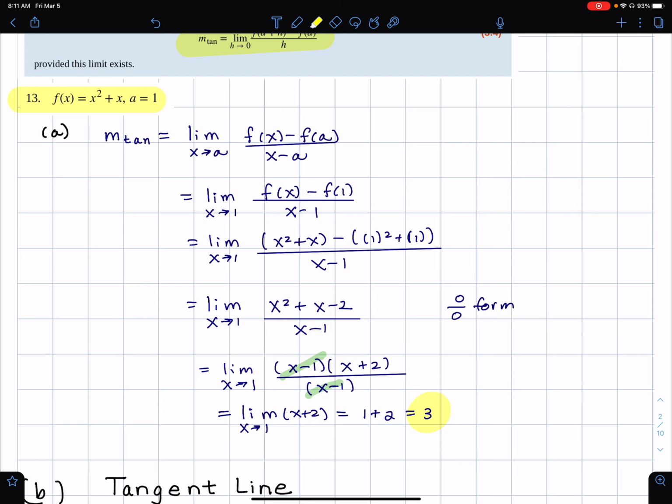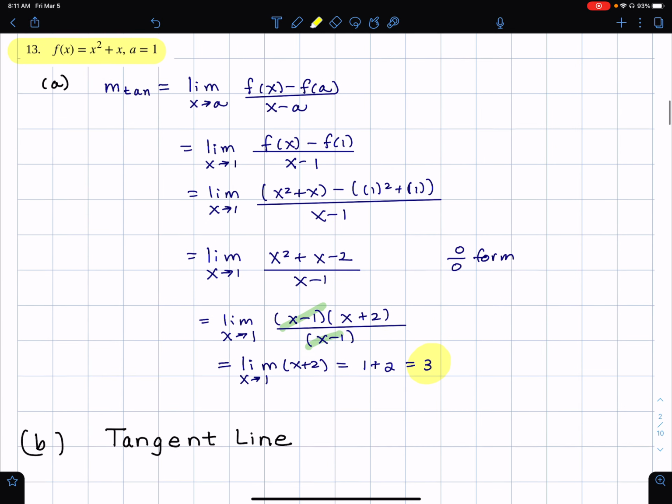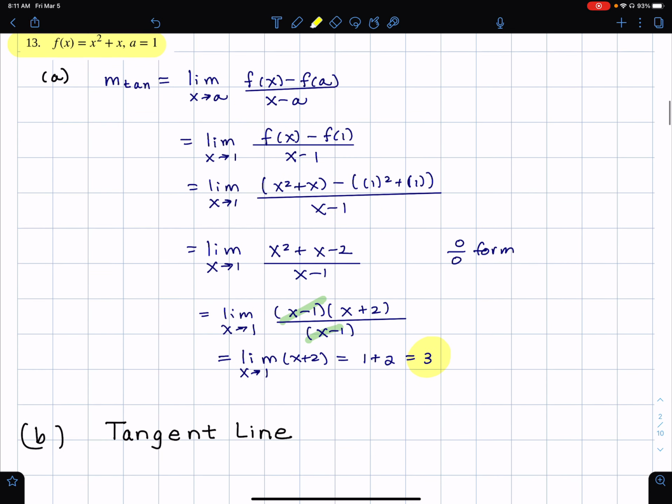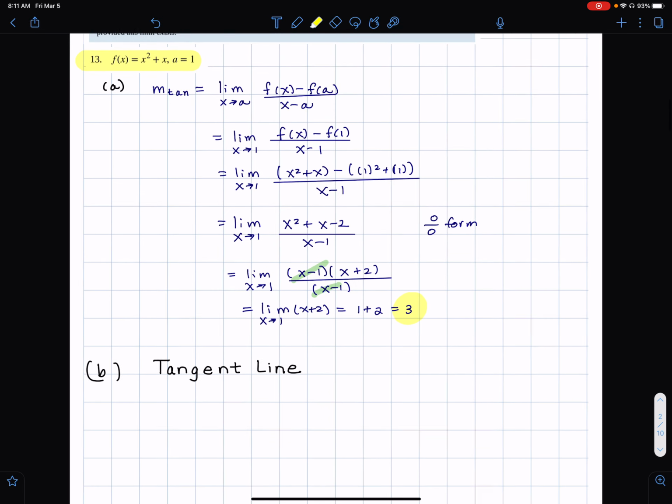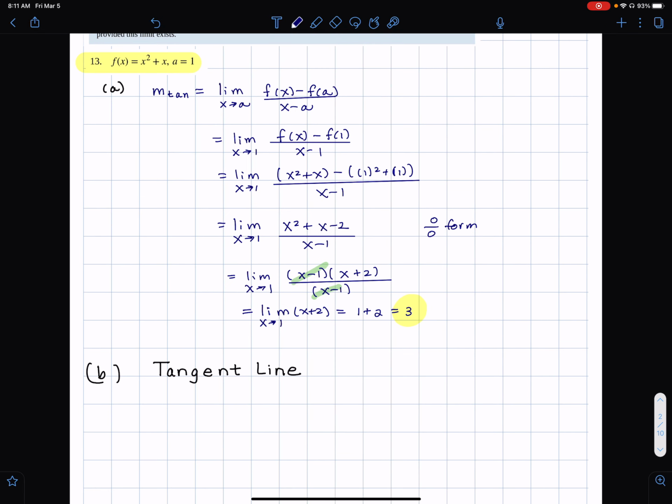and that limit is the slope of the tangent line. You could sketch that graph pretty easily and think, does that make sense? Maybe I'll do that later if I'm super motivated. But let's do the tangent line. So for the tangent line, we have y minus y1 equals m times x minus x1.